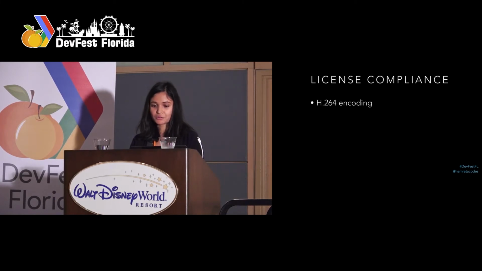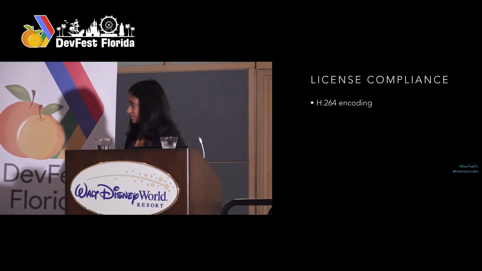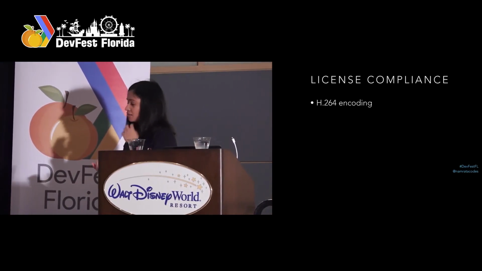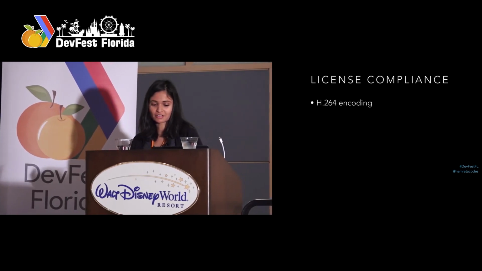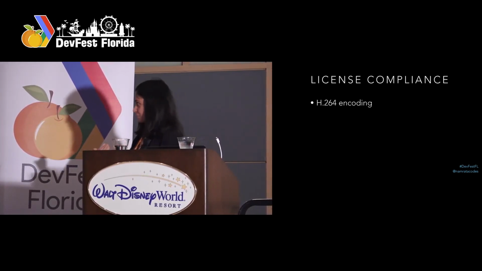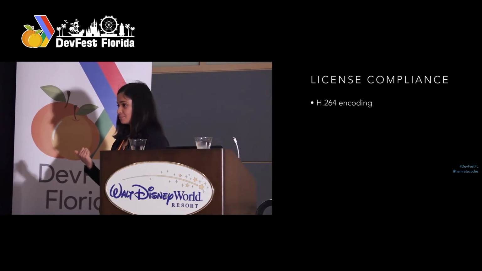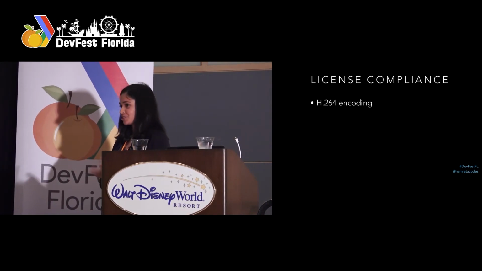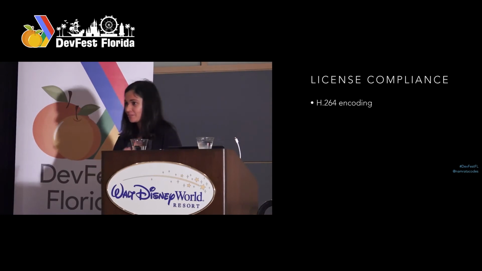Then the next thing to note is that since FFmpeg doesn't support H.264 encoding, the most popular library out there for H.264 is libx264, and that is distributed under the GPL license, unfortunately.